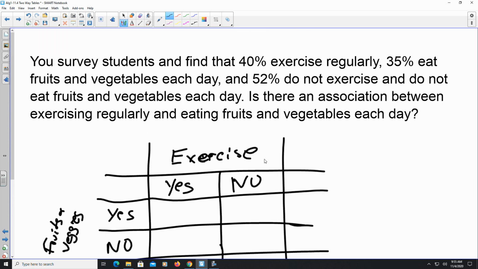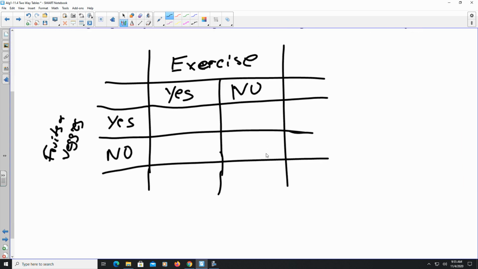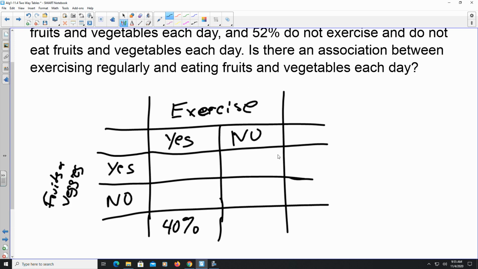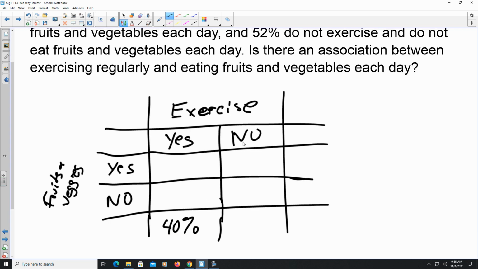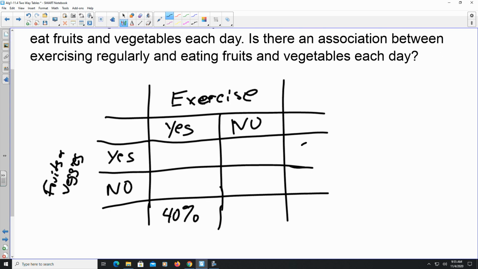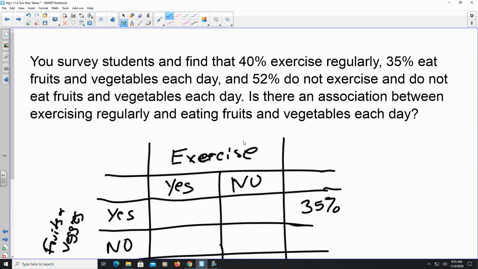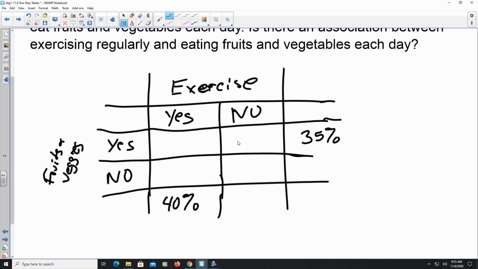So here it says you survey and you find that 40% exercise regularly. Whether they eat fruits and vegetables, we don't know. We just know that 40% of the people in the survey exercise regularly, so it's going to be a yes for exercise. 35% say they eat fruits and vegetables each day, so 35% will go right here under the total. 52% do not exercise and do not eat fruits and vegetables, so it would be under no, under both.